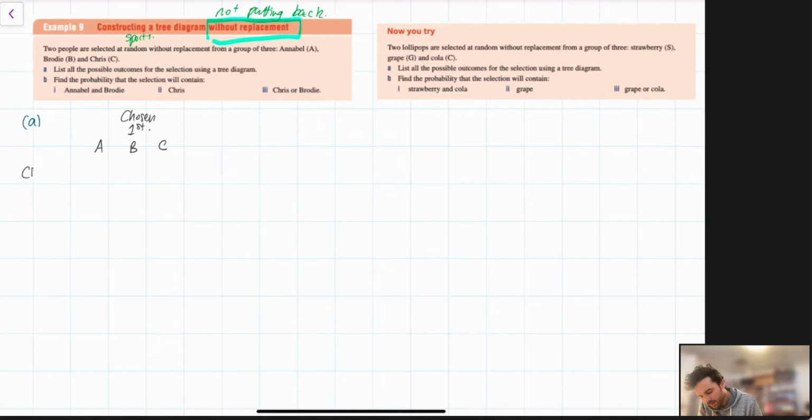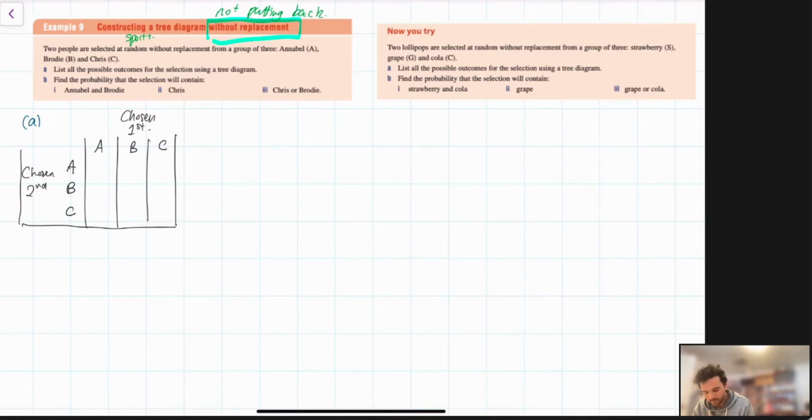Then down here, you've got chosen second. And we've got Annabelle, Brody, and Chris. Okay, now we're just going to make this into a table. Like that. Okay, now this is our array, remember, or table.